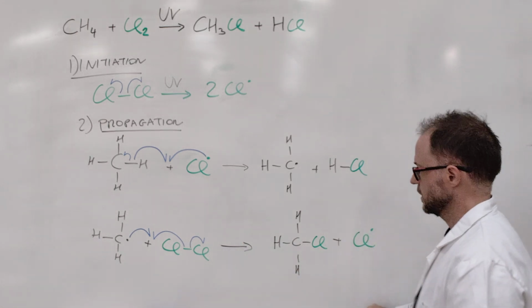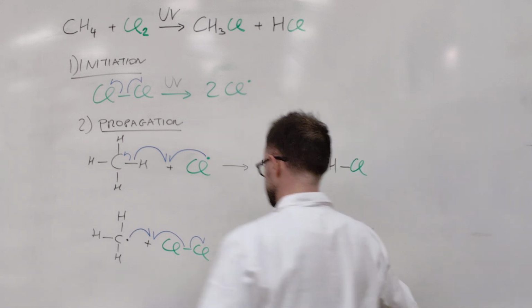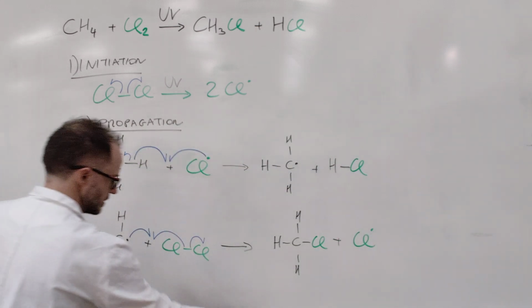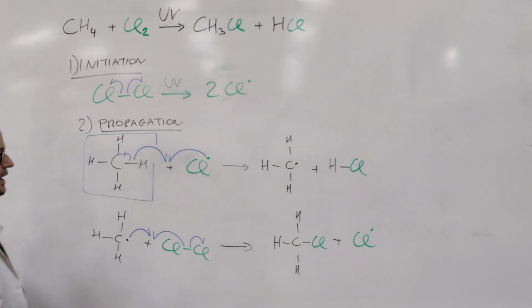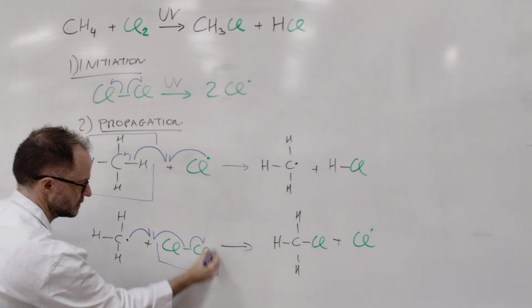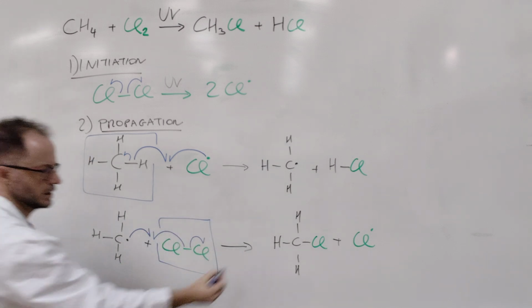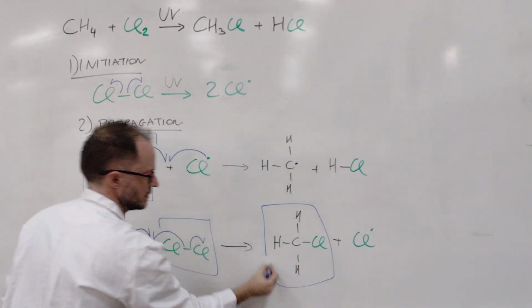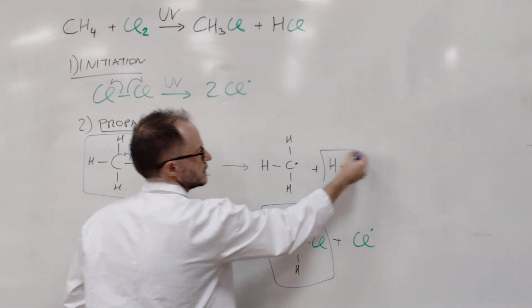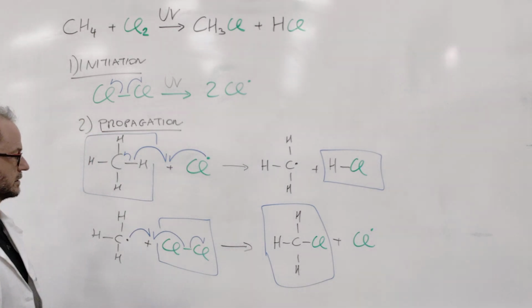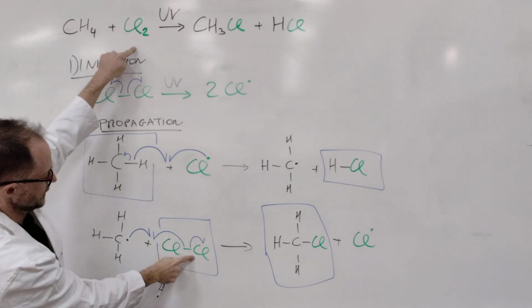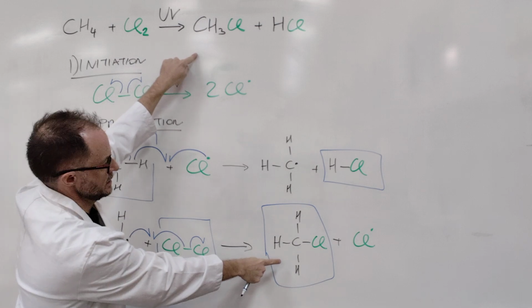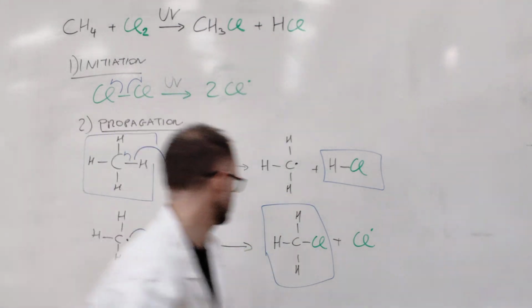So, if we did that, we would end up with, blue pen for this one, methane plus chlorine gives chloromethane and hydrogen chloride, which shouldn't be any surprise, but that is the reaction that you saw in year 11. Methane plus chlorine gives chloromethane and hydrogen chloride.